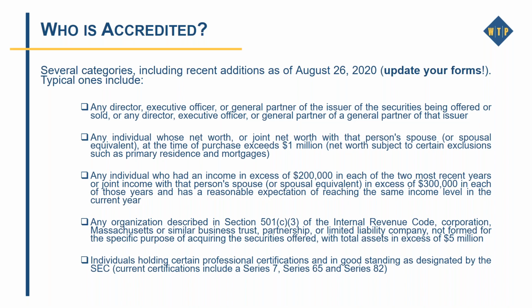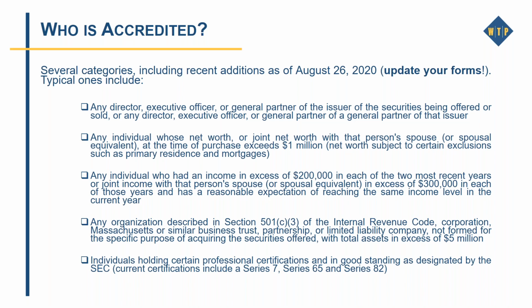So we're talking about financial people, right? At least at the moment, those are the only certifications that if you have that certification, you're an accredited investor out of the gate. Now the SEC has reserved rights to expand that list through additional regulations, but at the moment, these are the only certifications that qualify for accredited investor status.